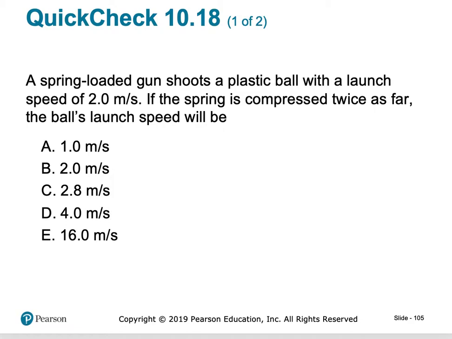A spring-loaded gun shoots a plastic ball with a launch speed of 2 meters per second. So let's write our given. We have VA equal to 2 meters per second. If the spring is compressed twice as far, so in this case, our spring is compressed at a distance XA.